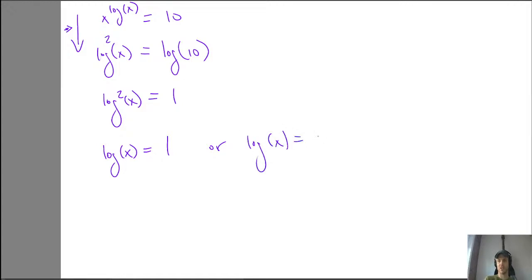And right here you can see which one to throw out. No, these are both good. And then we'll exponentiate both sides to the power of 10. And this will be x equals 10 to the negative 1, which is 1/10.